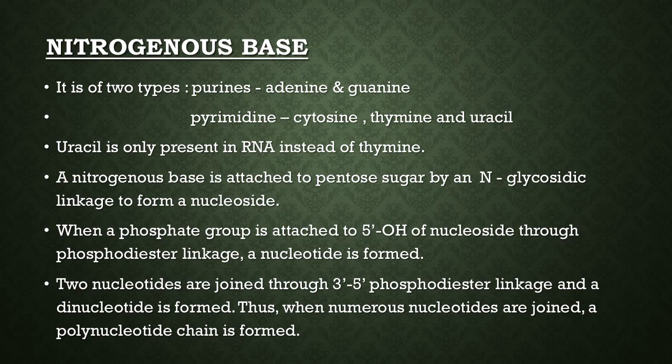A nitrogenous base is attached to pentose sugar by N-glycosidic linkage to form a nucleoside. When the phosphate group is attached to 5'OH of the nucleoside through phosphodiester linkage, a nucleotide is formed. Two nucleotides are joined through 3' to 5' phosphodiester linkage and a dinucleotide is formed. When numerous nucleotides are joined together, a polynucleotide chain is formed.